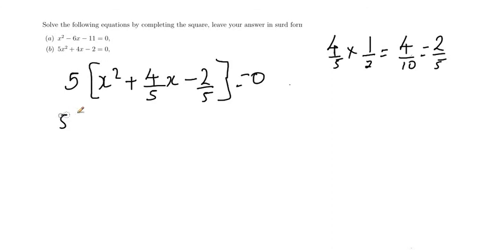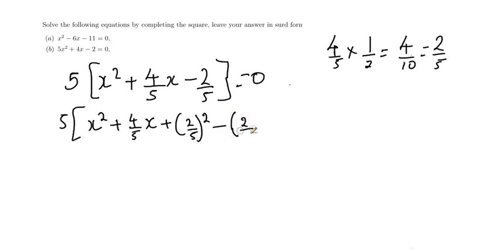So we'll have 5, x squared, we'll bring that one down. Then this one again, we just bring it down the way it is. And then we add 2 over 5, we square it, subtract it. 2 over 5, we square it, and then we bring down that one, 2 over 5.